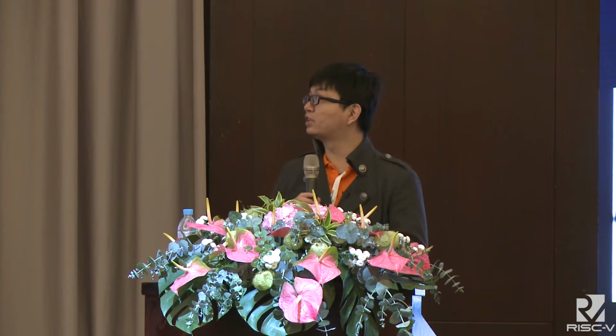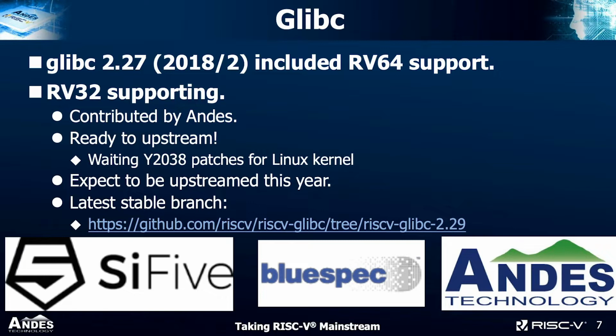It's almost ready to upstream, but not upstreamed yet, because it's waiting for the Linux kernel to change the time-related API to resolve the RV32 year 2038 problem. However, we could expect it to be upstreamed this year. If you want to try it, you can find the latest stable branch on the RISC-V glibc GitHub, and I believe it's the most stable branch you could find.